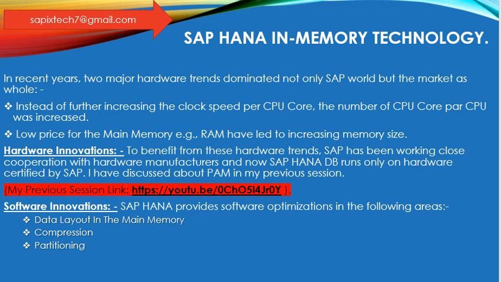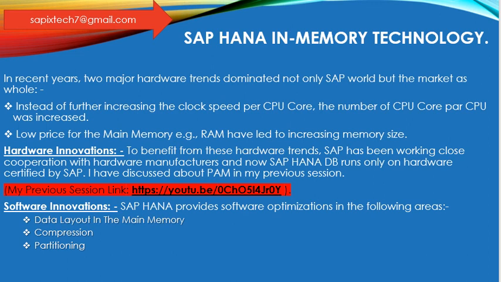Now, I'll talk about software innovation. HANA provides software innovation to optimize in the following areas. So, I was always talking about data layout in main memory. I'll show you how data is represented in main memory.